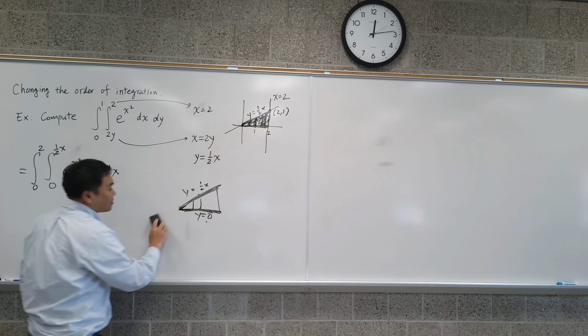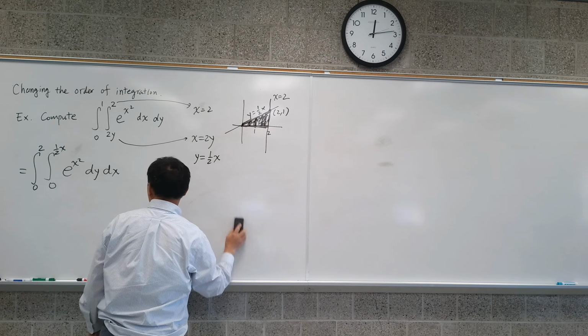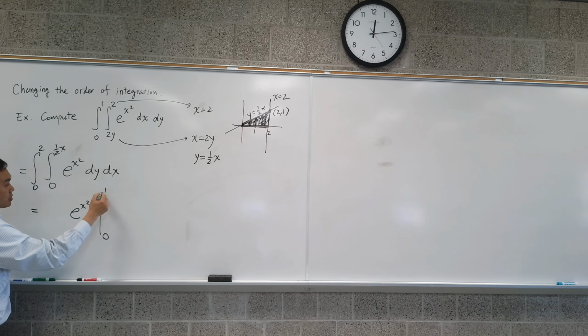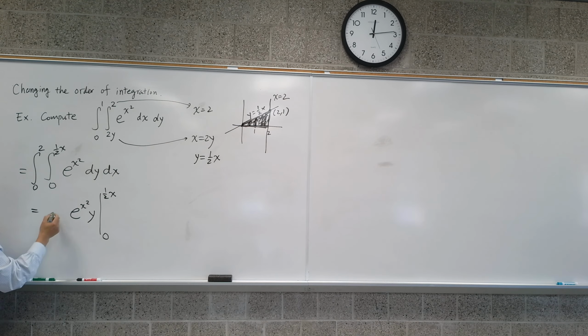Now let's see why this is better than the previous one. As I said before, e to the x squared is just a constant when you integrate by y, so this is simply e to the x squared times y, evaluated from 0 to 1/2 x, and then you have 0 to 2, dx still intact.